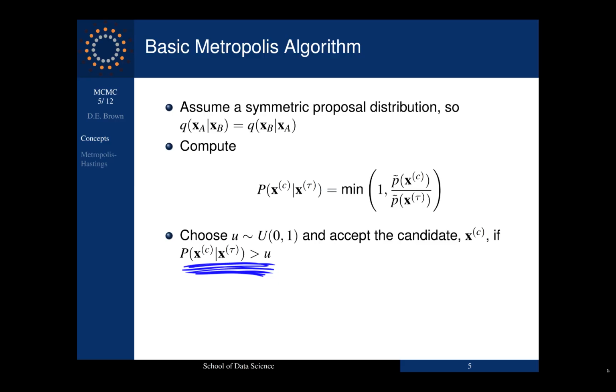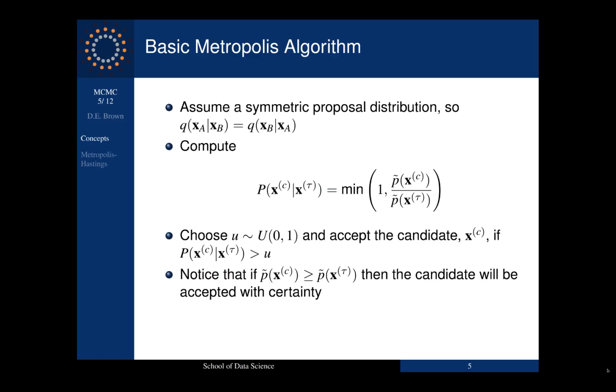So u basically has got to be less than that ratio, or less than this acceptance, which could be 1. And we note right then that if the kernel for the target distribution for the candidate is greater than it is for our current location, then the candidate will automatically be accepted, because that's what that acceptance probability gives us. So it'll be accepted with probability 1 if that's the case.